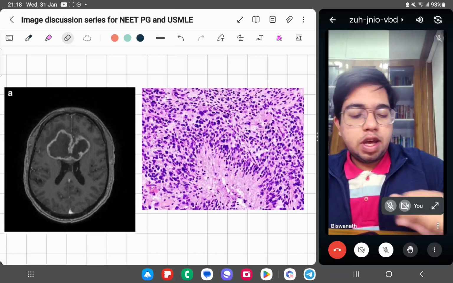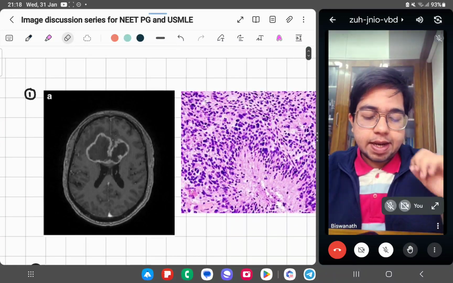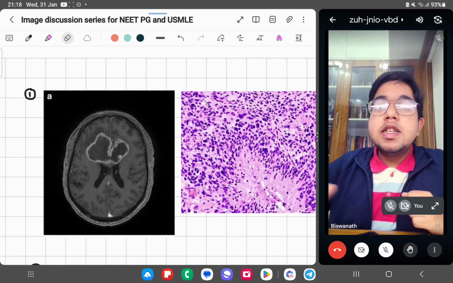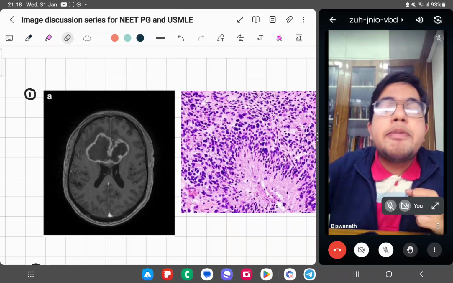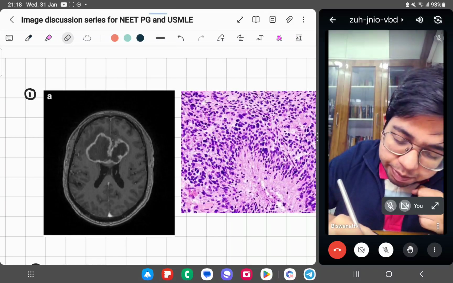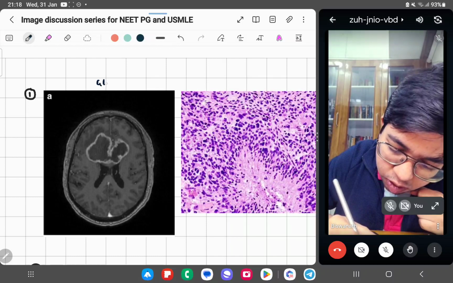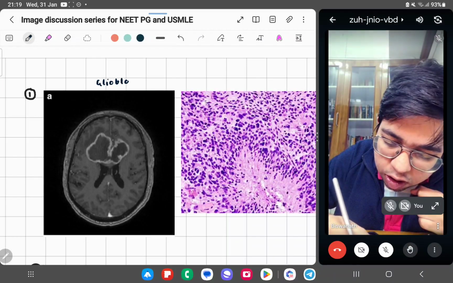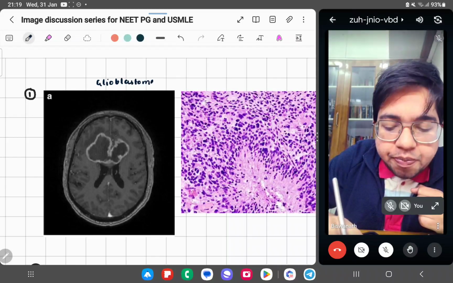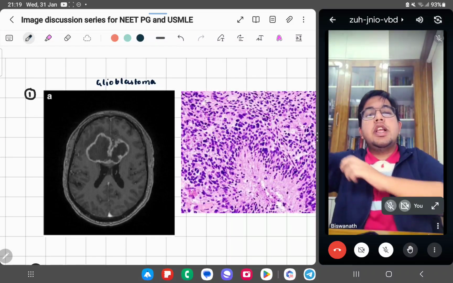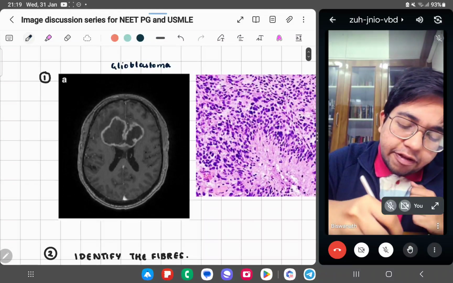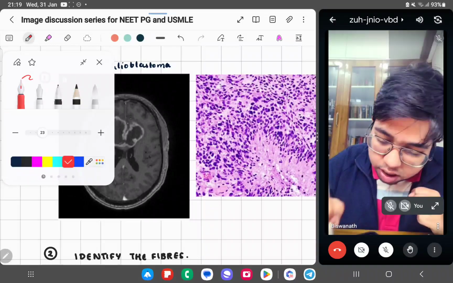Okay, if you could identify, well and good. Otherwise, I am telling you, both findings indicate that the patient has glioblastoma. You can see a very characteristic pattern called the butterfly appearance.